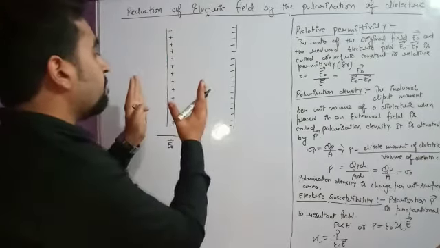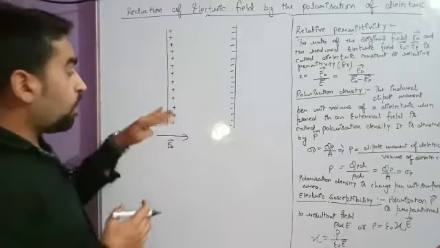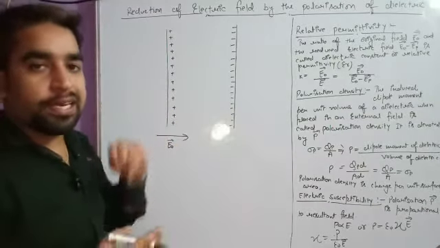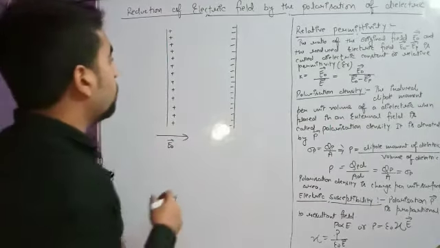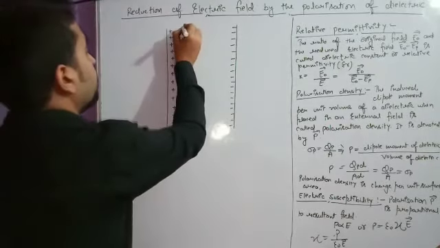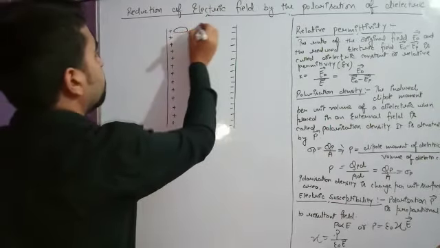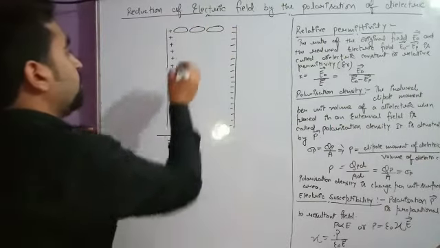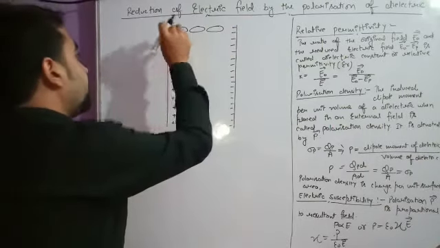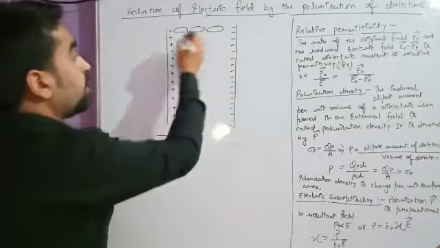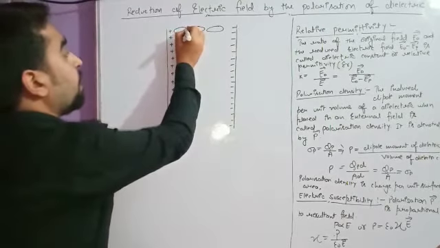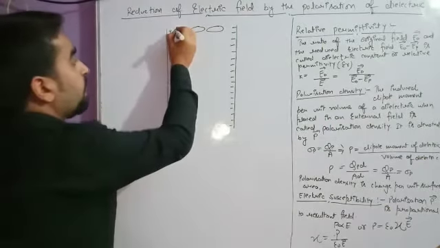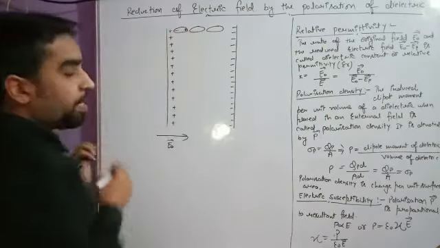Suppose inside the plates of this capacitor, between the two parallel plates, we have placed a dielectric material. Okay, when you place a dielectric material between these plates, what will happen? We already know that when we place a dielectric material, the positive charge will align itself in the direction of the electric field and the negative charge will align itself in the opposite direction of the field.